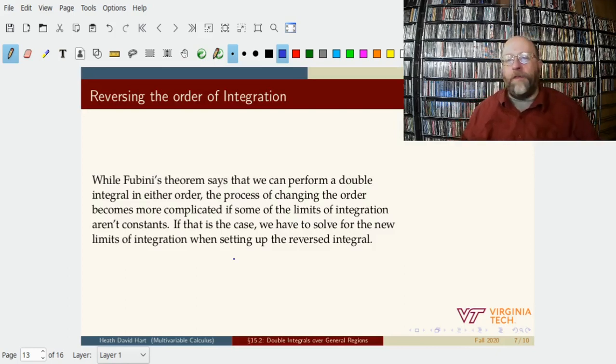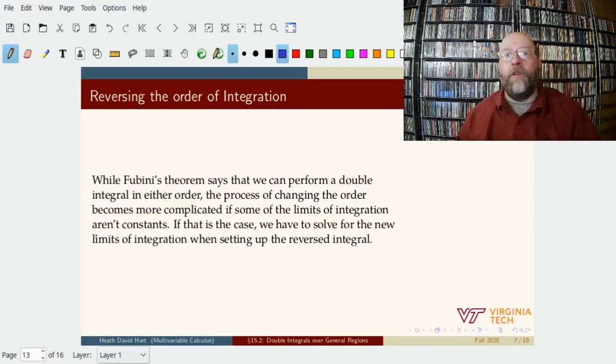How do we reverse the order of integration? When I say reverse the order of integration, I mean, can we set up a double integral in a different order than the one that's given? We have a theorem, Fubini's theorem, we talked about that on Friday, that says if the boundaries are constants and the function is continuous, then we can just reverse the integration willy-nilly and there's no problem.